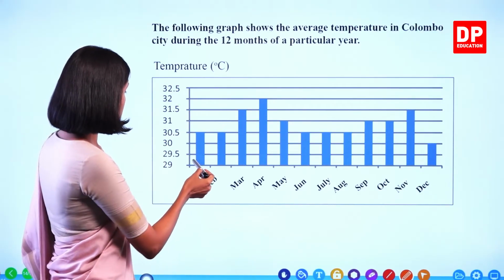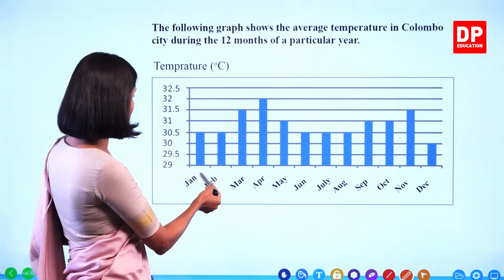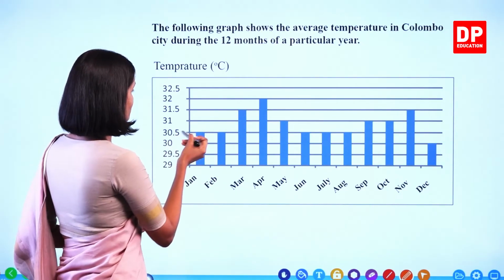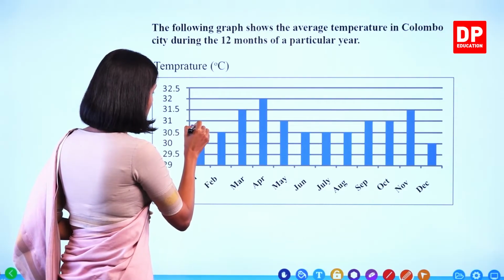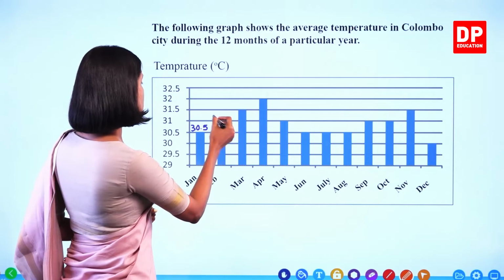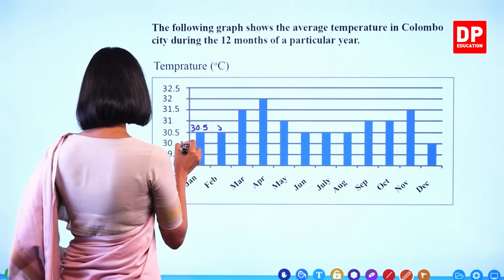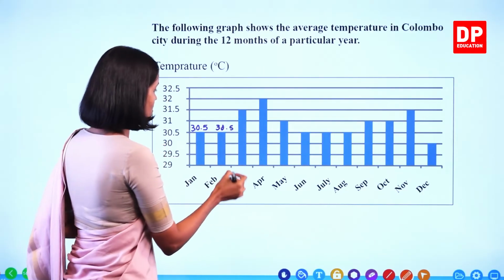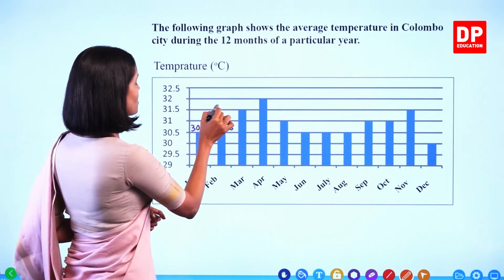Okay? So look at the month of January, what is the temperature? 30.5. We'll write here 30.5. February also 30.5. March 31.5.